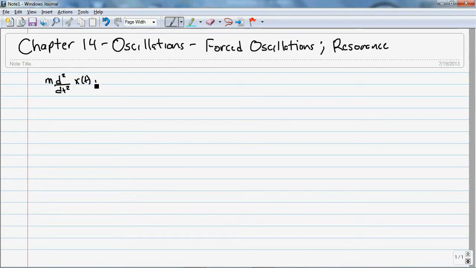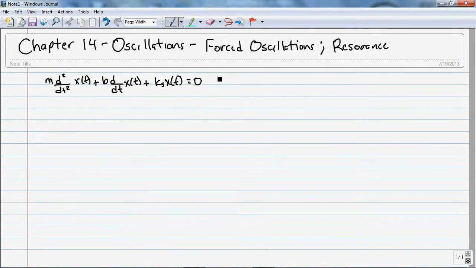We talked about friction, and we had some property of the spring or pendulum or whatever system, and that was equal to 0.